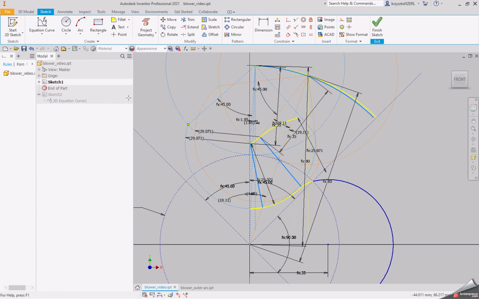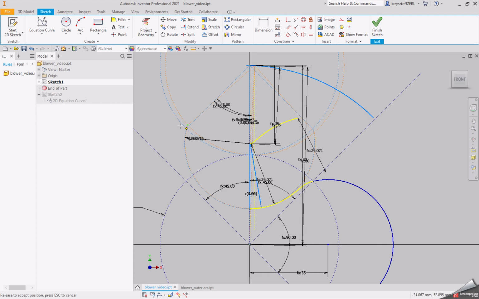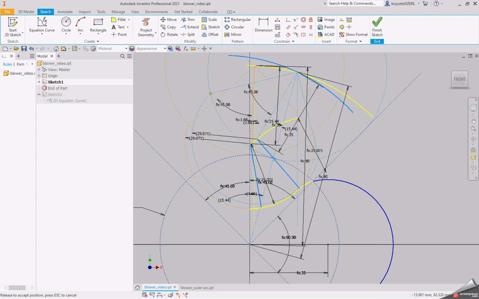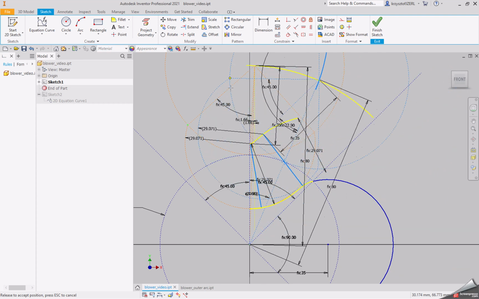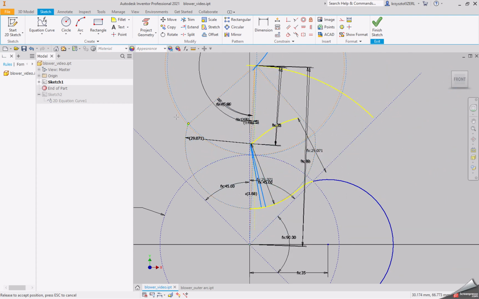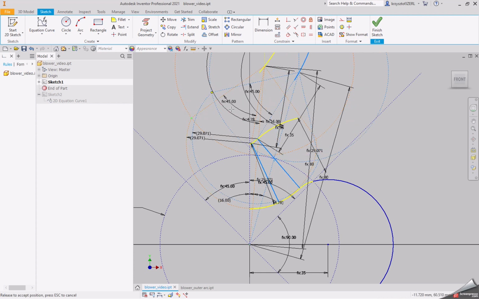So you see now the other end, this end of the blue line, is traveling smoothly on the yellow line, which is the offset of the equation curve of the center of the lobe arc.